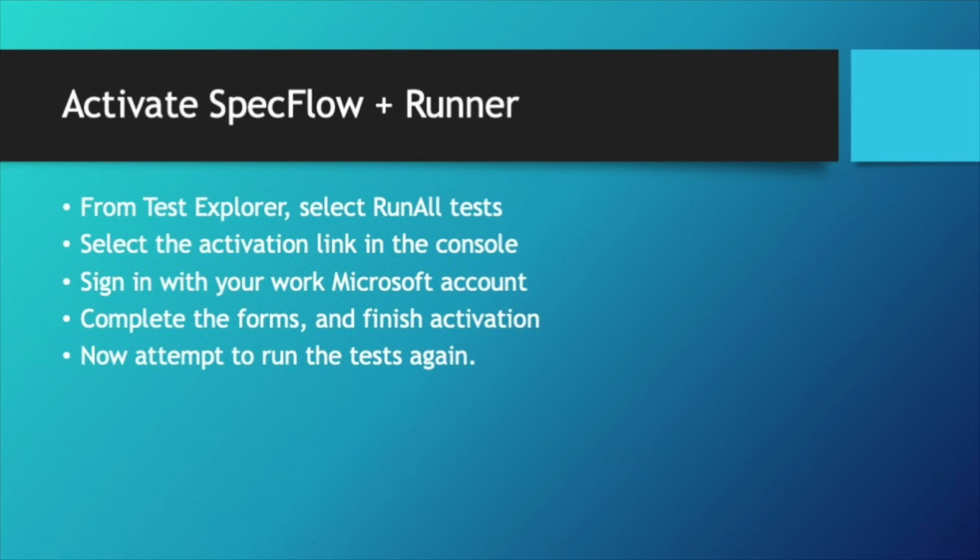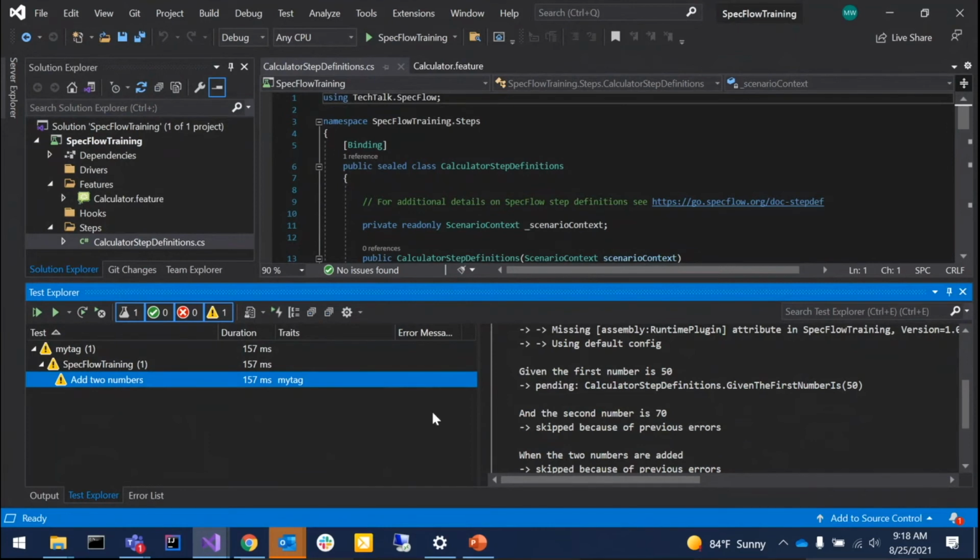Are there any questions about this part? No, I think I'm good. I assume if it's not showing you anything for activation, you're already activated. I mean, in your console, you're not seeing anything? I'm not seeing anything now. I ran all tests. It says 0 succeeded, 0 failed, 1 up to date.